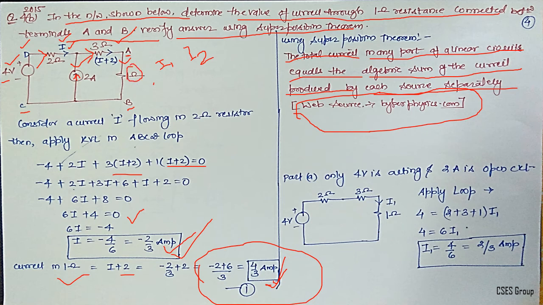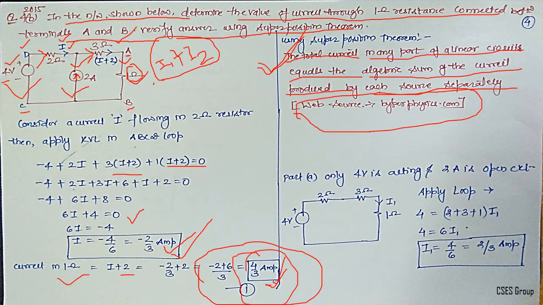If both the sources are acting together, then the current through the 1 ohm is the algebraic sum of I1 plus I2. That's what the statement of superposition theorem says. So how to verify it? You know the current when both the sources are acting together. That we have already identified, that is 4 by 3.